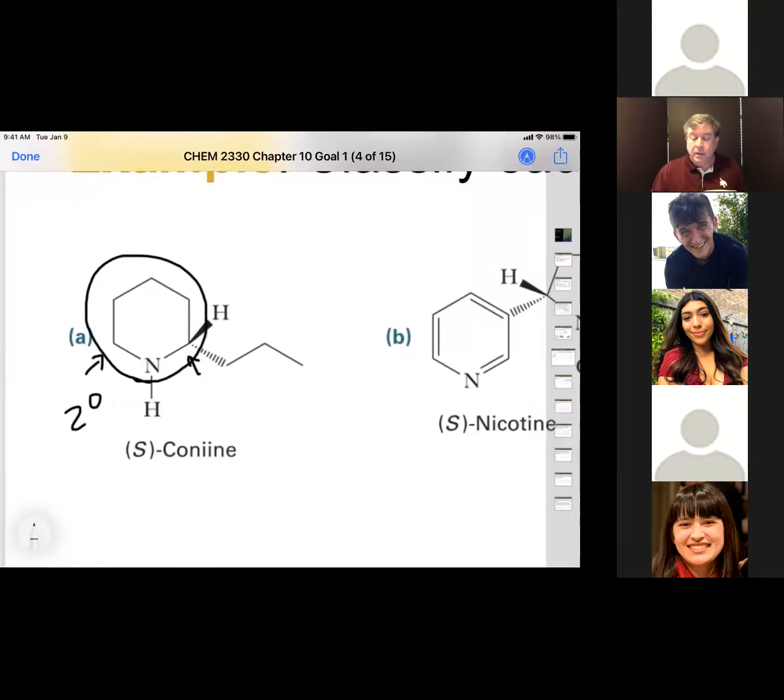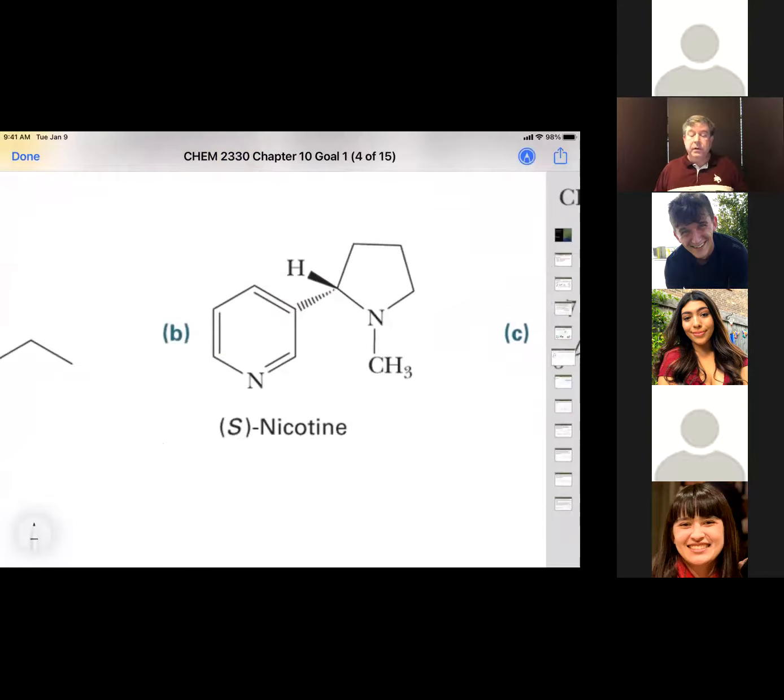Using that same kind of argument here, we have two different types of amines. Let's take this first one here. What do we have? Primary, secondary, tertiary? Tertiary, because we have three different bonds to carbon. So we have a tertiary heterocyclic amine.